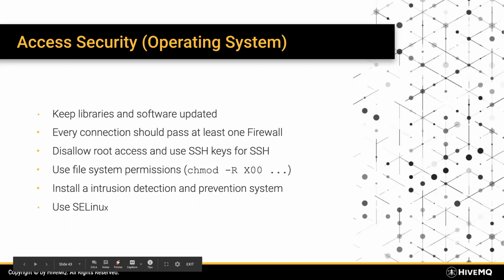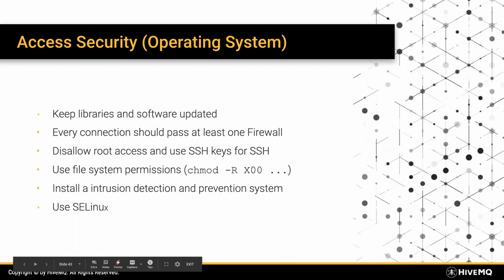Then, of course, disallow root access to the server your broker is running on, and use SSH keys for SSH. No password for SSH. It's much too easy to lose passwords. SSH keys are much easier to keep safe. Give your broker the right file permissions. Everything that ends with two zeros is usually a good idea here, so that only the user that the broker runs as can have access to the file system where the broker stores its data.